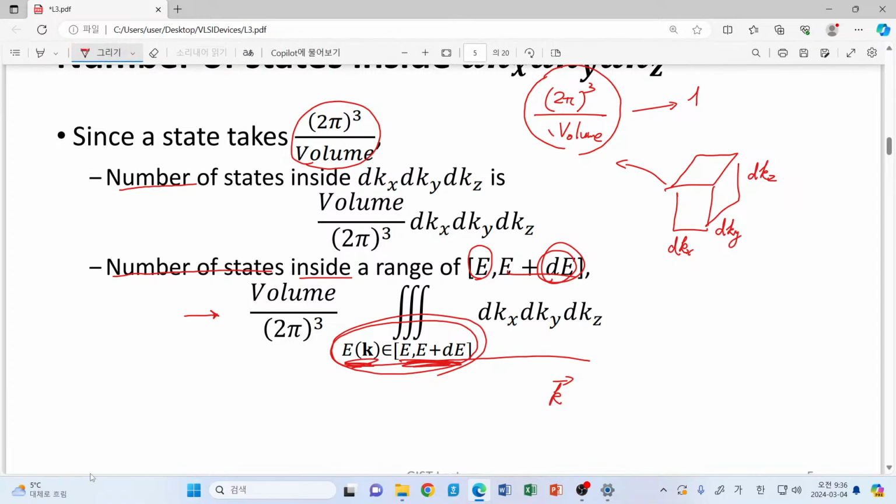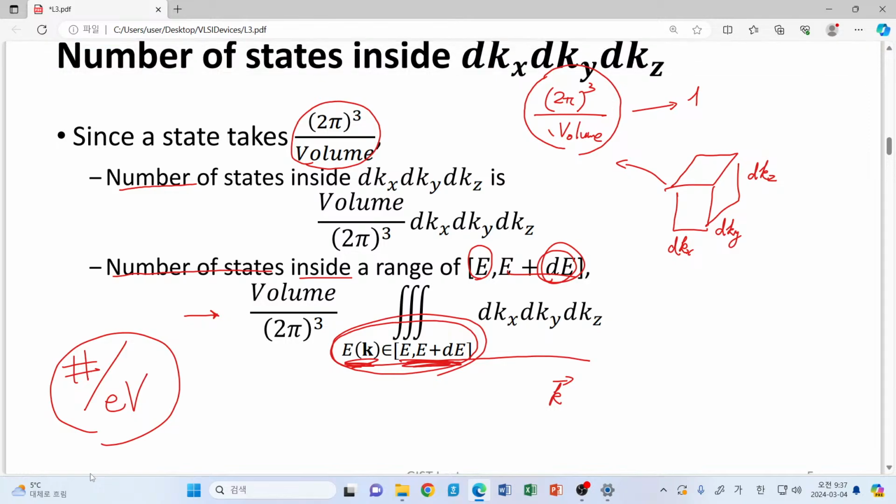It has the unit of number per electron volt. For a given energy value, for unit energy, how many states are located in that system. It can be obtained by this simple integration over our k-space.